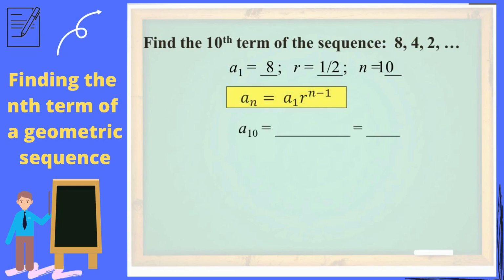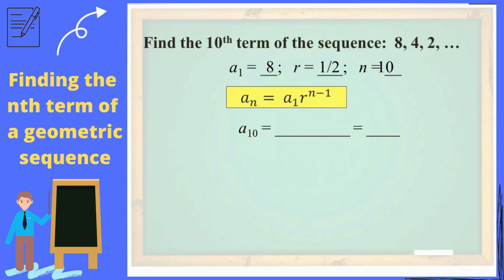So to find the value of a sub 10, or the 10th term, we need to use the general rule for geometric sequence, which is a sub n equals a sub 1 times r raised to the power of n minus 1.